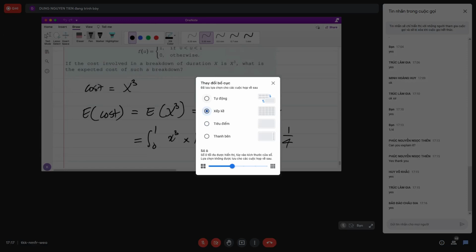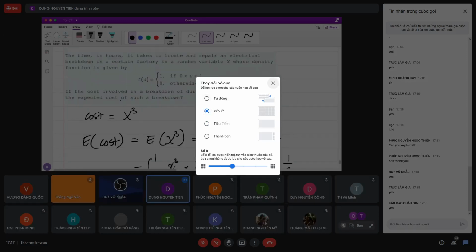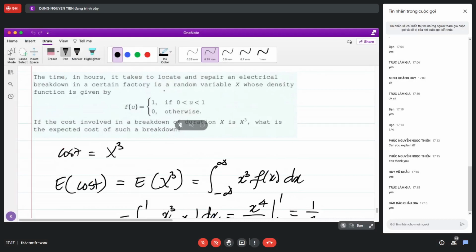It is the average cost. You think about it this way. Let's say we knew that the cost is actually x to the third, and x is the time in hours it takes to locate and repair an electrical breakdown.